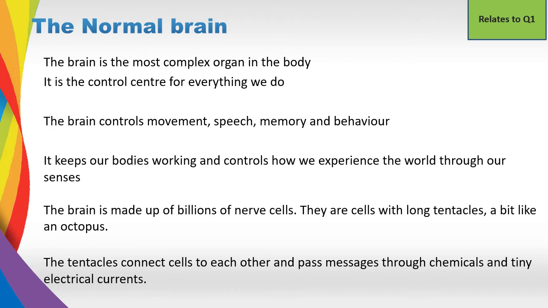So how we see, how we hear, how we touch and feel things, how we smell, how we taste. It's made up of billions and billions of nerve cells. These are cells with long tentacles and look a bit like an octopus. The tentacles connect cells to each other and they pass messages through chemicals and tiny electrical currents.